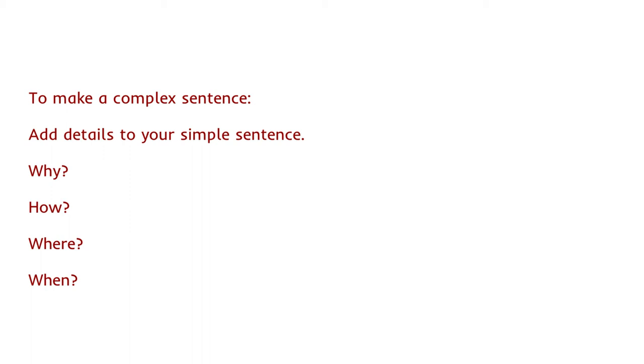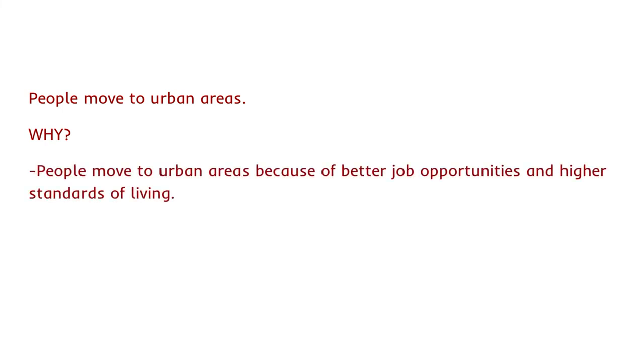To make a complex sentence. For example, people move to urban areas. This is a simple sentence. If I have to make a complex sentence of this, I think of why. Why do people move to urban areas? A few things came to my mind and I added them. People move to urban areas because of better job opportunities and higher standards of living.